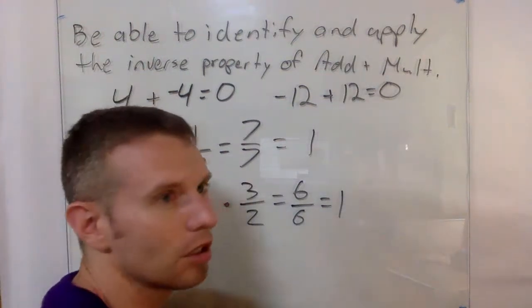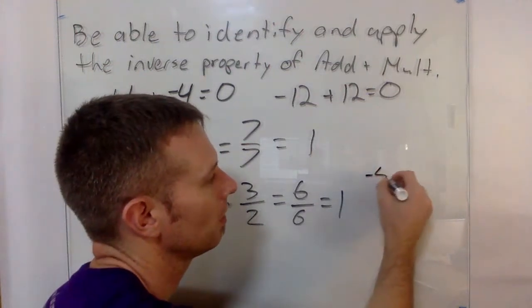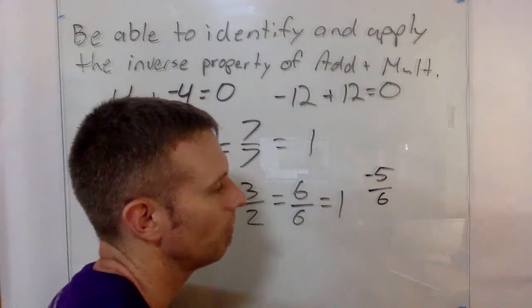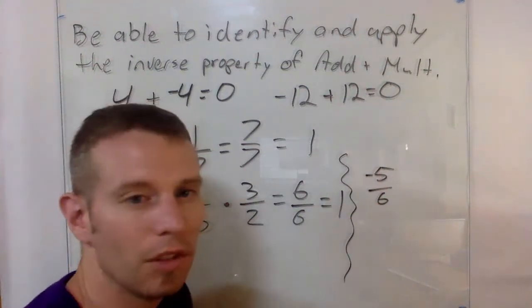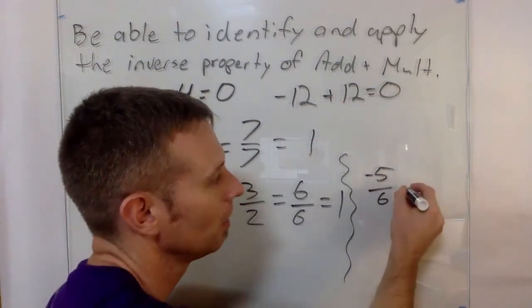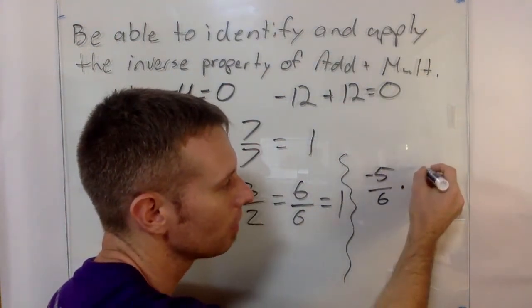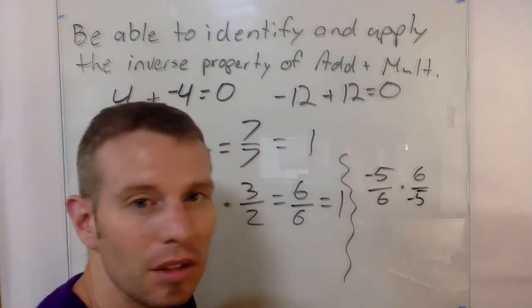If you were to have a negative number and you wanted to find the multiplicative inverse, let's say you have negative 5 over 6. To get the multiplicative inverse of -5 over 6, you're going to multiply times the inverse, 6 over -5.